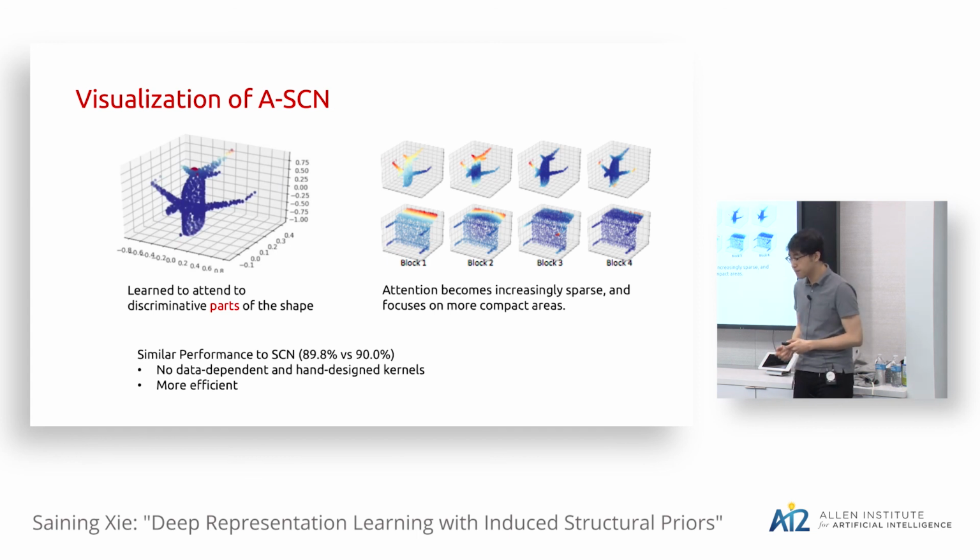And the accuracy is similar, at least on the ModelNet40 dataset, for the single object recognition task on one specialized point cloud dataset. It's just a minor difference.